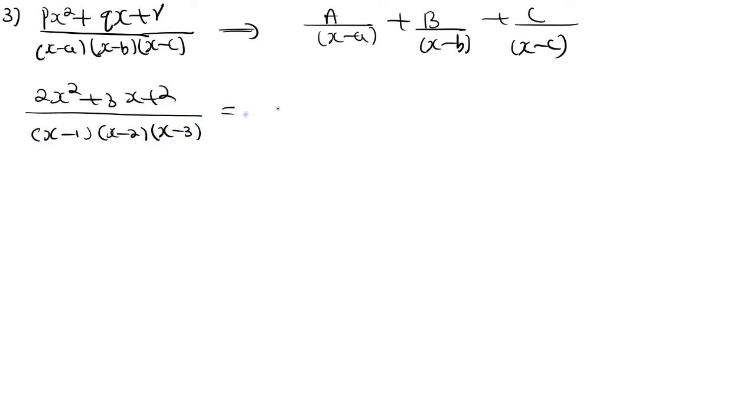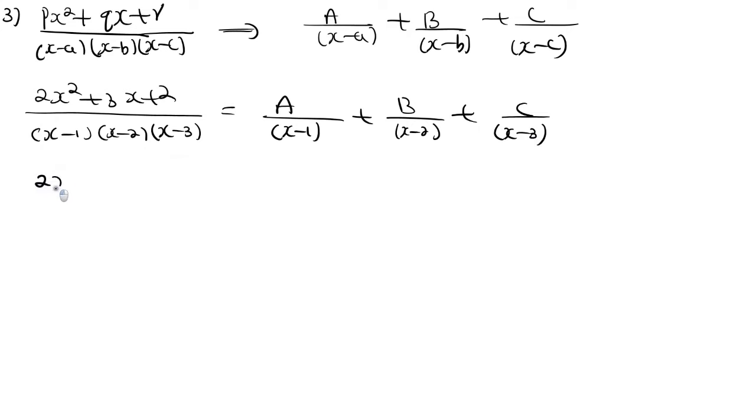You can write it as a divided by x minus 1 plus b divided by x minus 2 plus c divided by x minus 3. In the next step, how to solve this? You need to write 2x square plus 3x plus 2 is equal to a into x minus 2 into x minus 3.